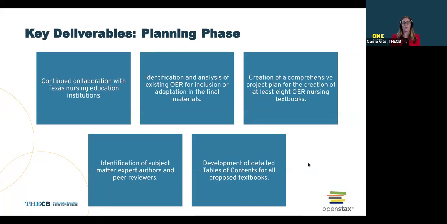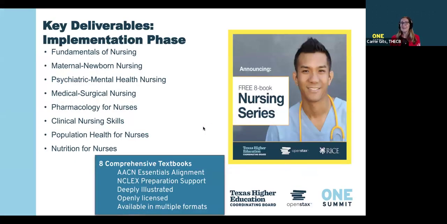And the authors were also identified in the planning phase. And the planning phase concluded with our plan and our roadmap of how we wanted to move into the implementation phase.